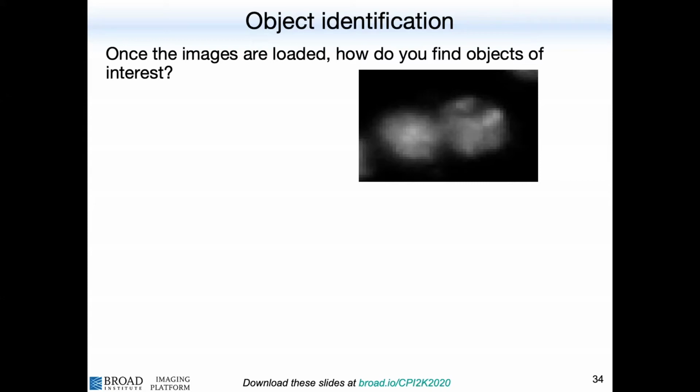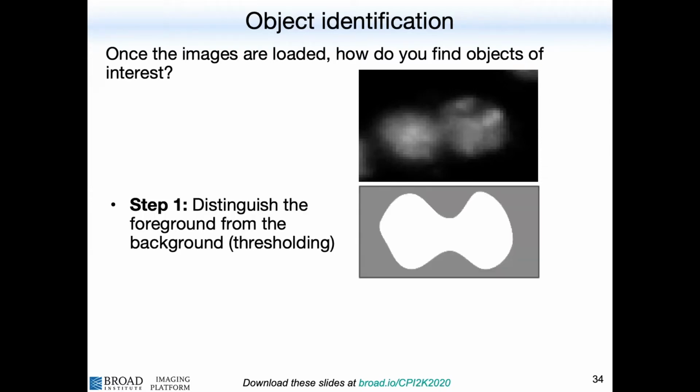How many nuclei do you see in this image? 2. 2, yes. So 1 and 2. But how do we really know that these are 2? How can we distinguish these? Object analysis is usually done in 2 steps.